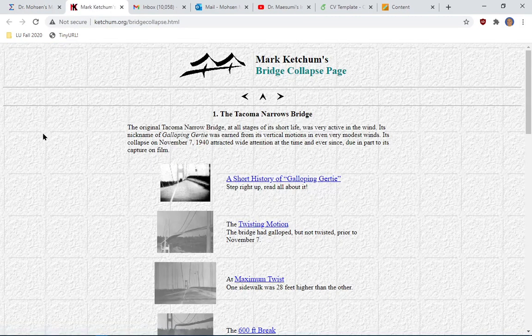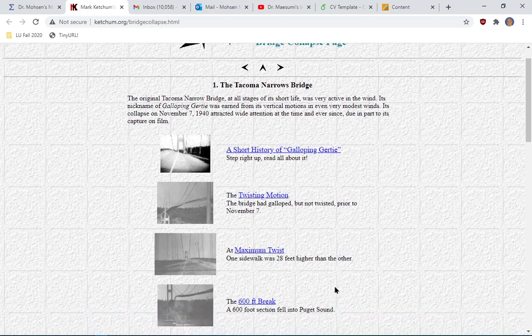A bridge that was constructed around 1940, and one day the wind started to blow and the bridge started to oscillate in a very strange manner, and as a few hours passed, the bridge collapsed under that vibration.